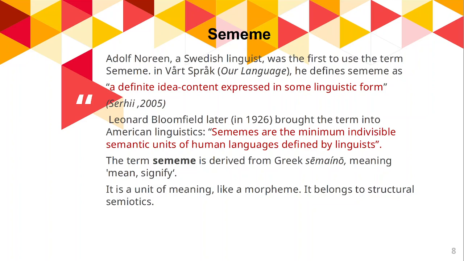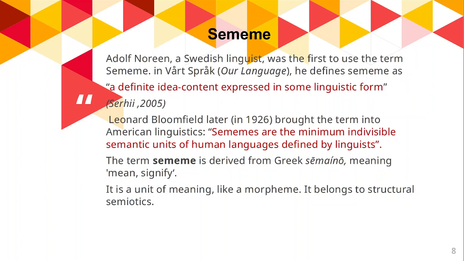They are more or less the concept you will understand if you have read morphology and phonology or phonetics. There we have phonemes and morphemes. Similarly, here we have sememes. So they are the minimum indivisible semantic units that cannot be divided further.